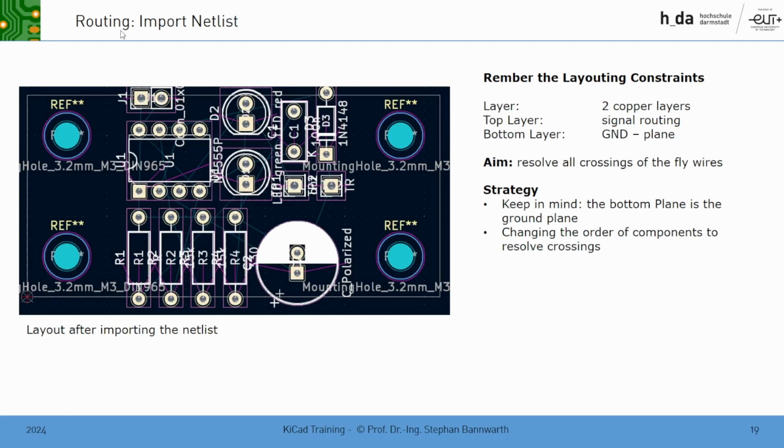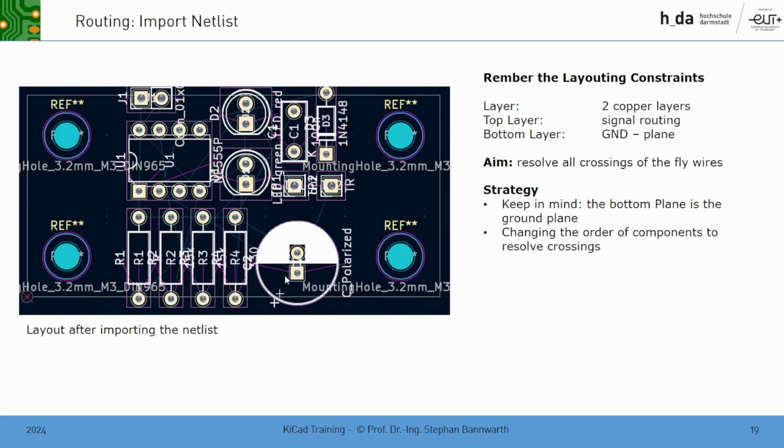As we have imported the netlist, we see our schematic like on the left, the outline and all components somehow put inside. What we see are now the so-called fly lines or fly wires. It's the blue lines or the purple lines which connect logically the footprints belonging to one net.